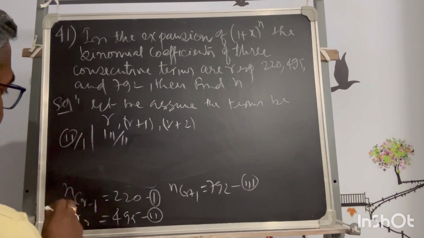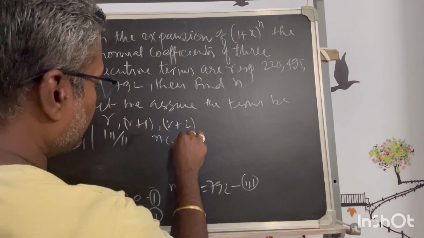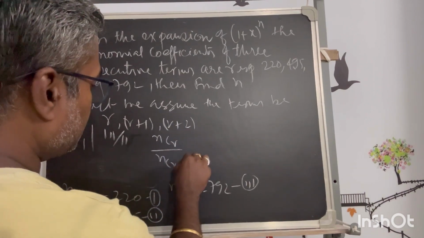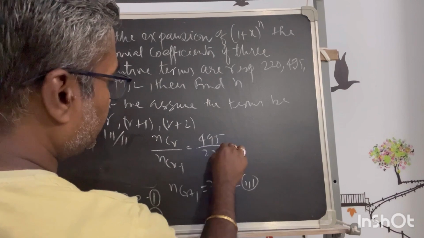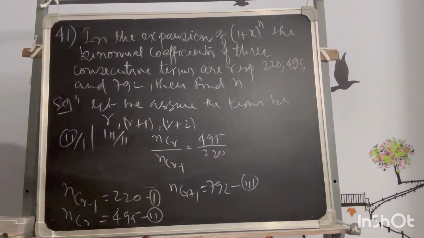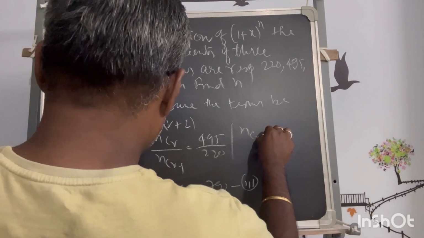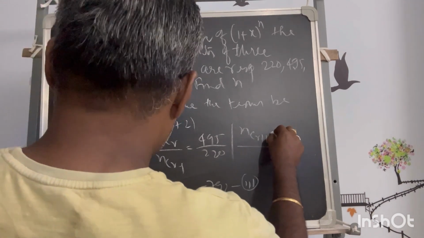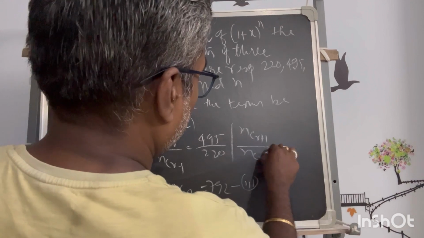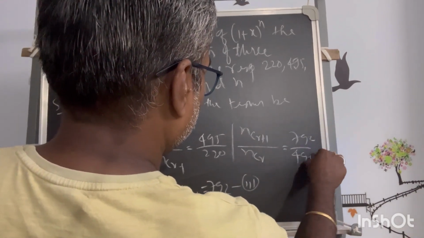So 2 by 1: nCr divided by nC(r minus 1) is equal to 495 by 220. And the second one, 3 by 2: nC(r plus 1) by nCr is equal to 792 by 495.